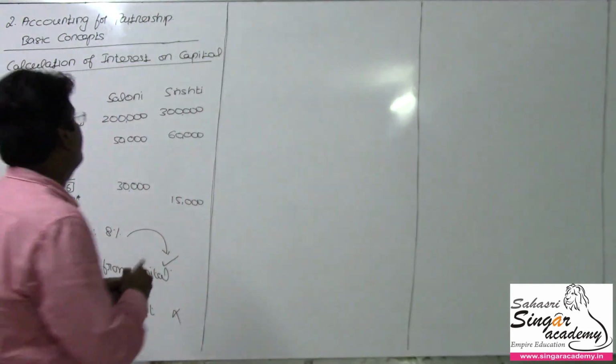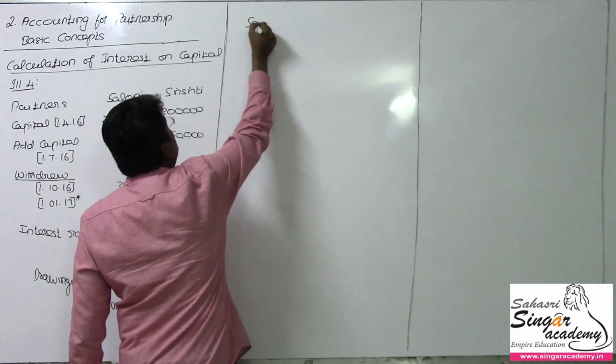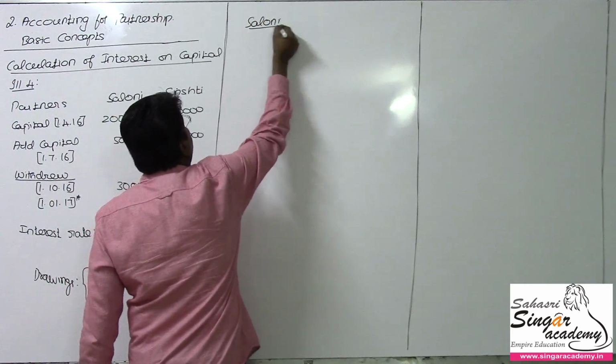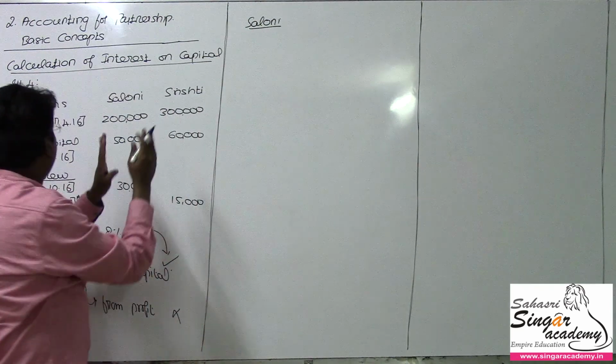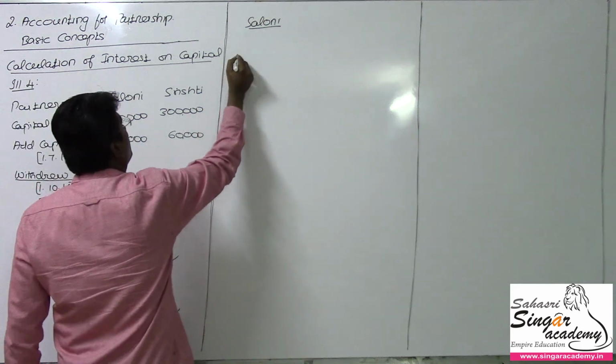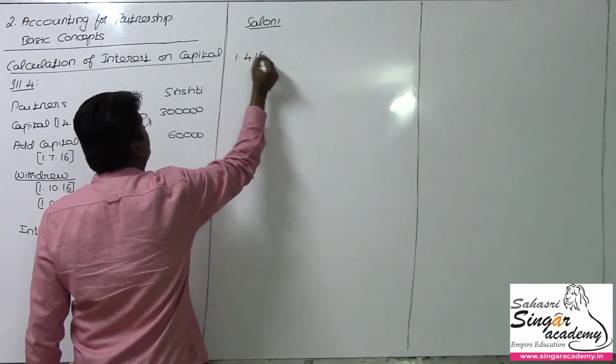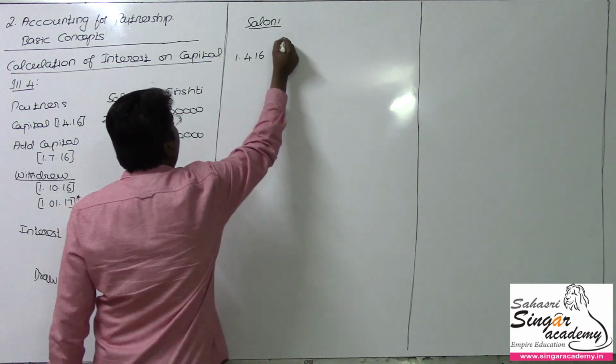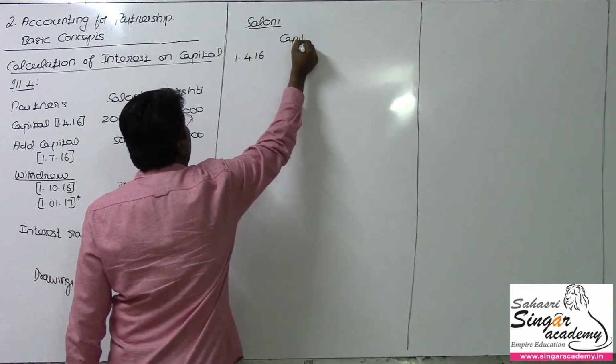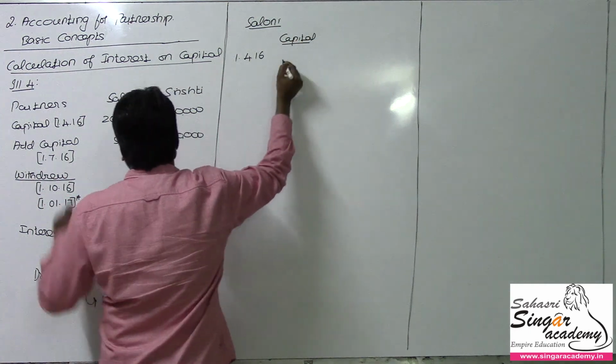First of all, Saloni. You just keep this as a format here. On 1/4/16, the capital being 2 lakhs.